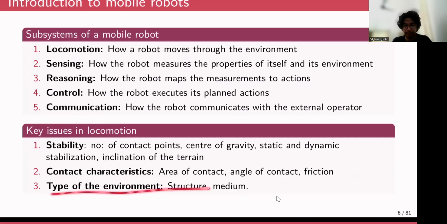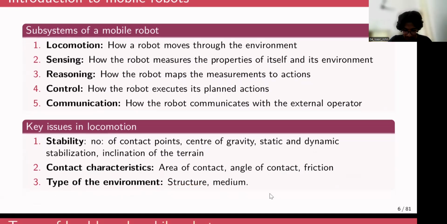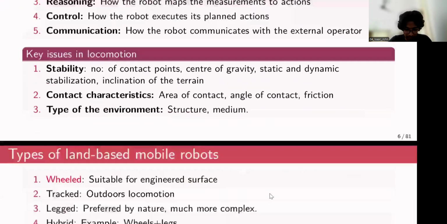And then the type of environment, whether the environment is an engineered surface, whether it is indoors, whether it is smooth, or whether it is outdoors, rugged, maybe it has a lot of undulations, we have to consider those things in the design of a mobile robot. And then we have also seen the types of land-based robots.